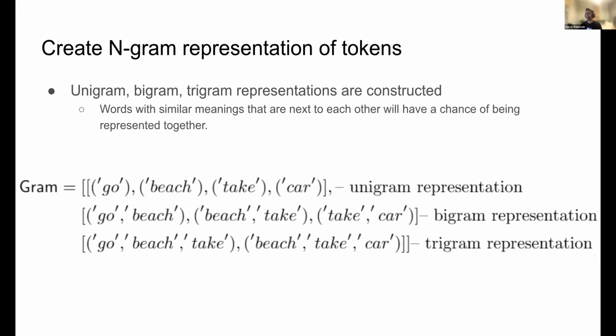The next step is to create n-gram representations of tokens. What is an n-gram? An n-gram is just a way of saying the number of elements considered at one time. For example, you could have unigram, bigram, trigram, quadgram, and so on. In this case, we went up to trigram, and this is done so that words with similar meanings that are next to each other will have a chance of being represented together.